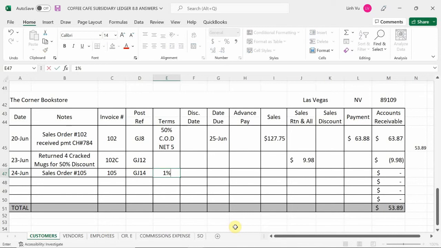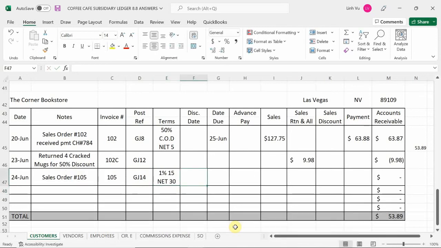We gave the 1%, 15, net 30. Since we offered the corner bookstore a discount, when is the last day that he can pay to receive the discount? 15 days from now. What date does he have to pay in order to receive the discount? July 9th.